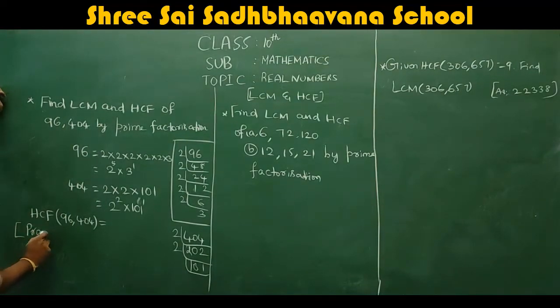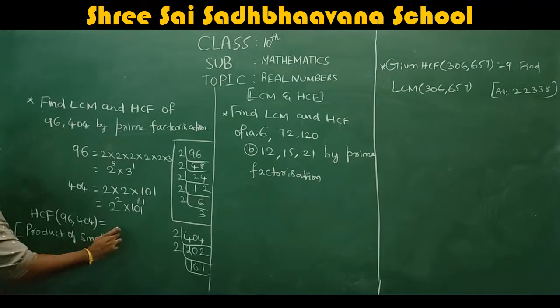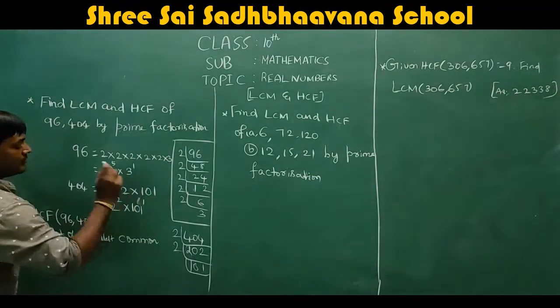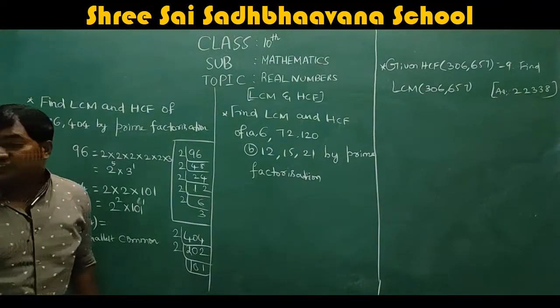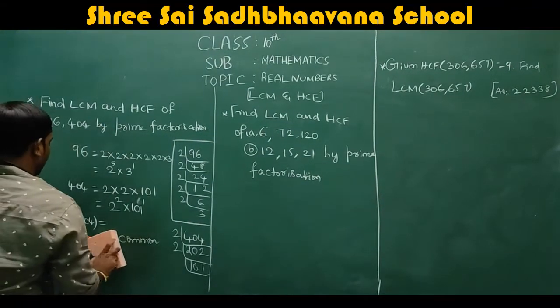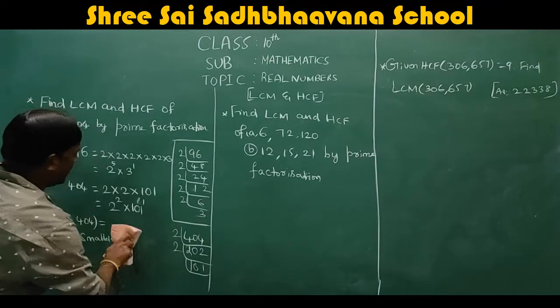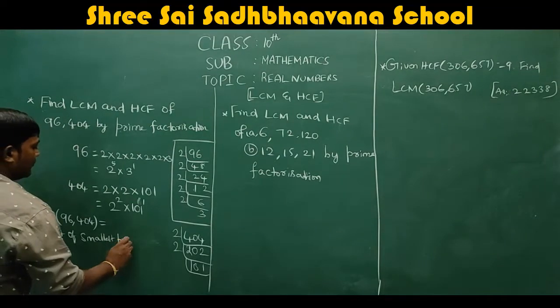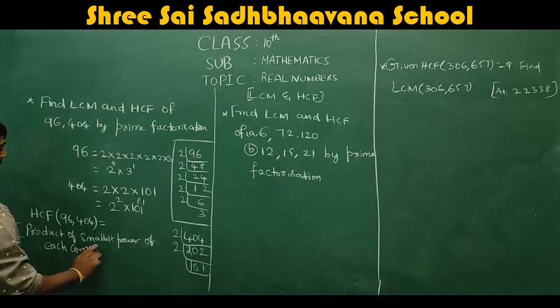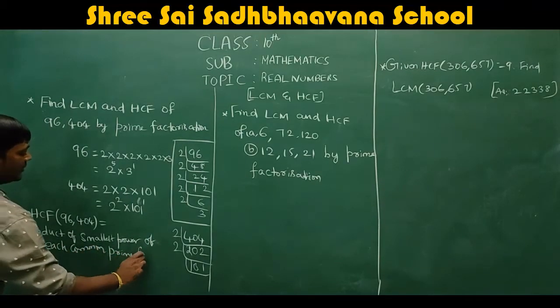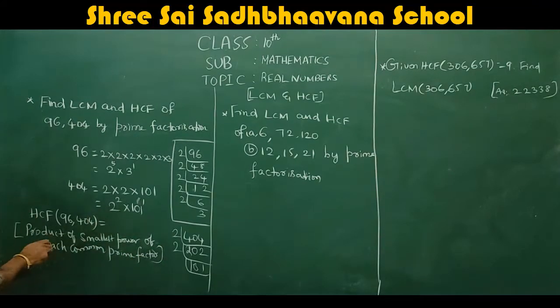Product of the smallest power of each common prime factor. This you can easily remember.